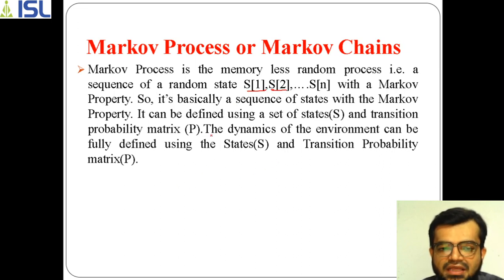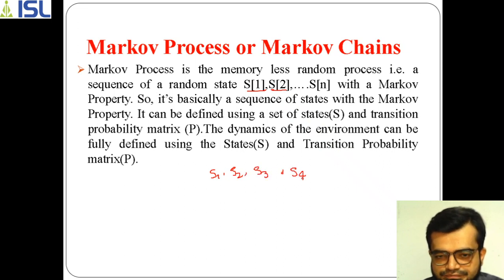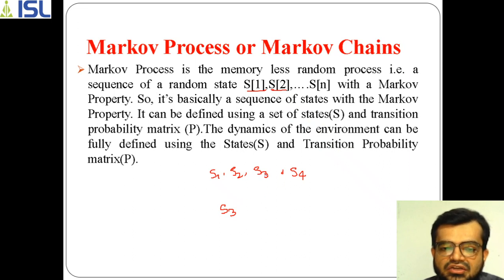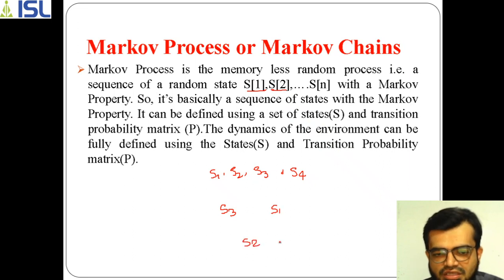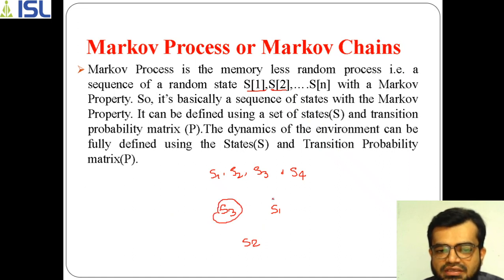For example, say you have S1, S2, S3, S4. If I say Markov chain, I can use S3, and from S3 it doesn't mean that it has to go to S4; you can go to S1 as well, or to S2 also. So there is no specific order here, that's why it is a random process. So from S3 to S1, S2, and S1 can also go to S2, or S1 can go to S4 as well.